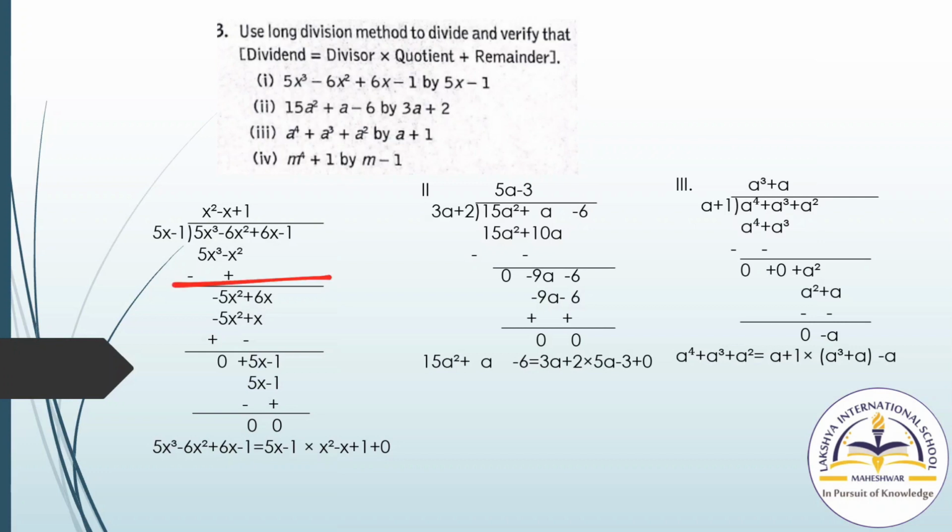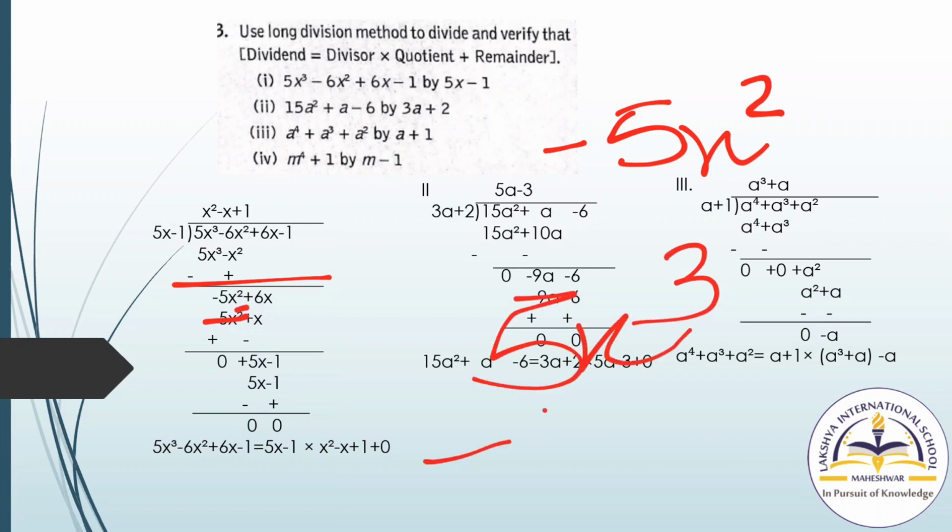Minus 6x square plus x square. So plus minus, obviously minus, so 6 minus 1 is 5, minus 5x square. Now here you can see 5x cube minus 5x cube gets 0.